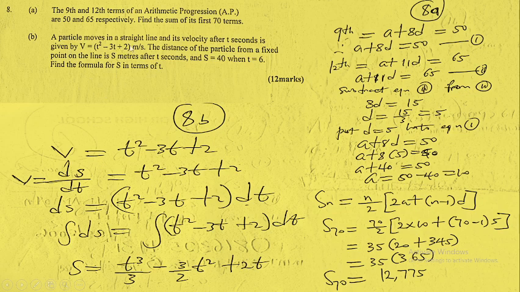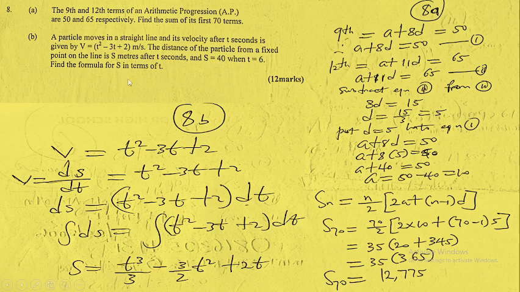A particle moves in a straight line and its velocity after t seconds is given by v is equal to t squared minus 3t plus 2 in meters per second. The distance of the particle from a fixed point on a straight line is s meters after t seconds, and s is 40 when t is 60. Find the formula for distance in terms of t.